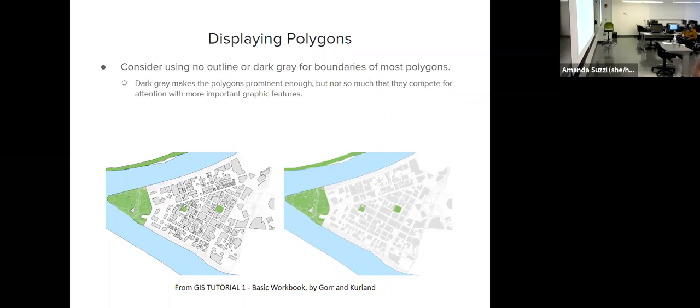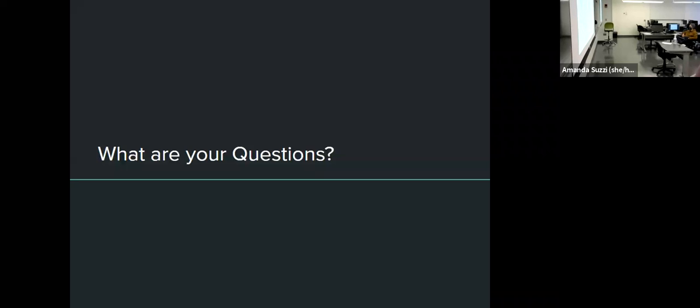But if you wanted to show what the parks are, making everything else go into the background is really important. You don't want to compete by doing borders around features that are less important. Even the borders around the parks, I get rid of because it just didn't draw your eyes where they wanted you to go.